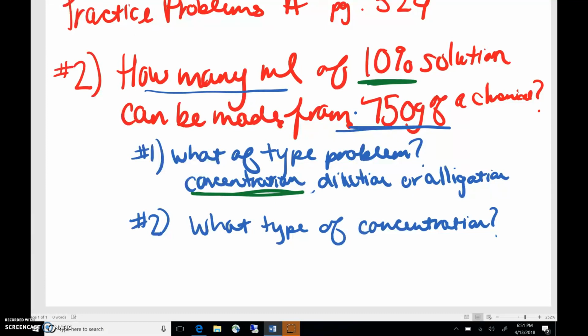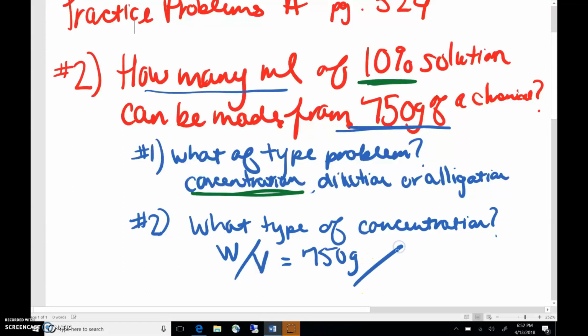Your answer would be that it is a weight to volume problem, because the problem gives you 750 grams and you're looking for your milliliters. You don't know what that number is. So you know that this is a weight to volume problem.